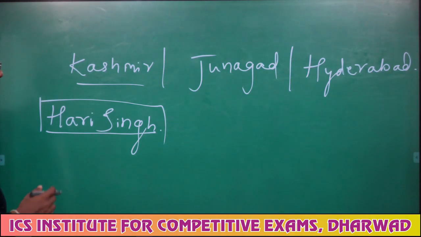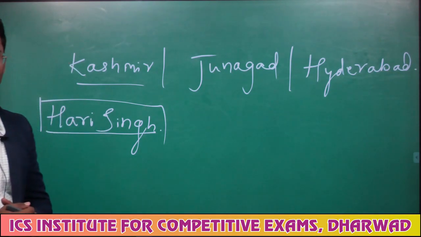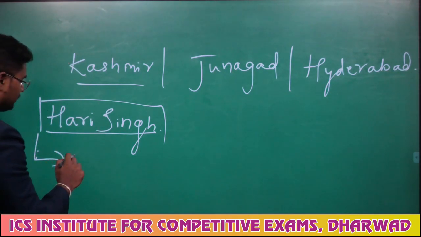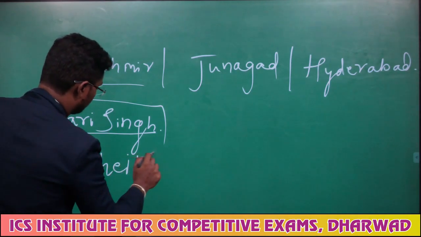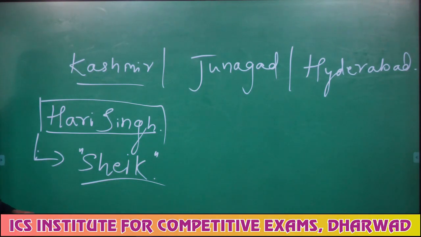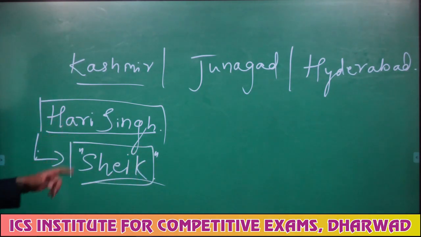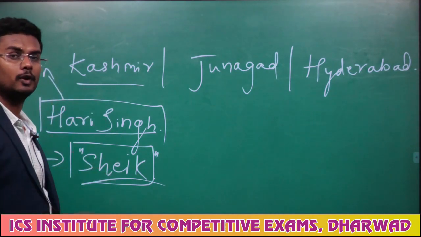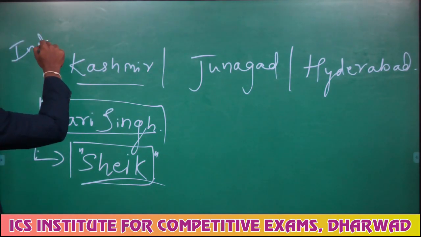He was 100% Hindu leader. He called himself a Hindu leader or Hindu king, but his commander in chief was Sheikh Abdullah. He was in favor of joining Pakistan, but Raja Hari Singh was neither in favor of joining India nor in favor of joining Pakistan. He wanted to remain independent.